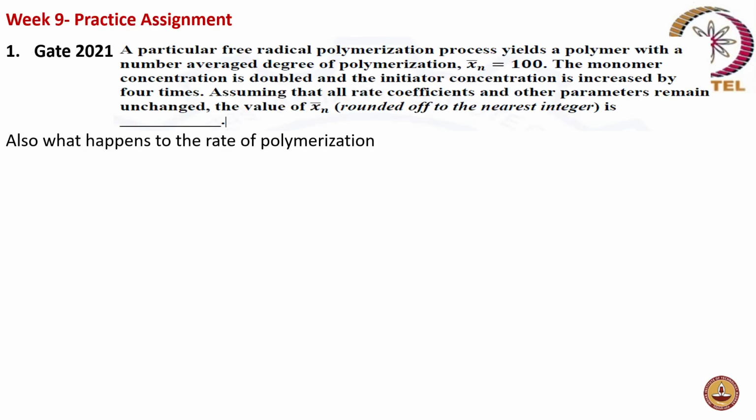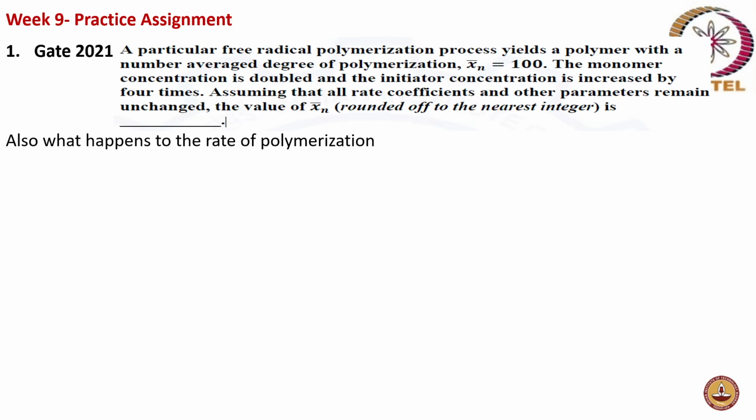The first question is actually a GATE 2021 question. A particular free radical polymerization process yields a polymer with a number average degree of polymerization, xn bar, equal to 100. The monomer concentration is doubled and the initiator concentration is increased by 4 times. Assuming that all rate coefficients and other parameters remain unchanged, what is the value of the number average degree of polymerization under the changed condition?